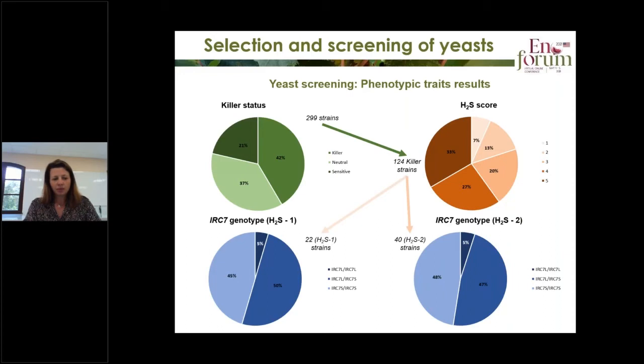The key attribute for yeast used in Sauvignon Blanc is to have the ability to convert thiol precursor to volatile thiol, so to have the long version of the ERC7 gene. It can be seen here and here that only 5% of yeast had this long version of the ERC7 gene.